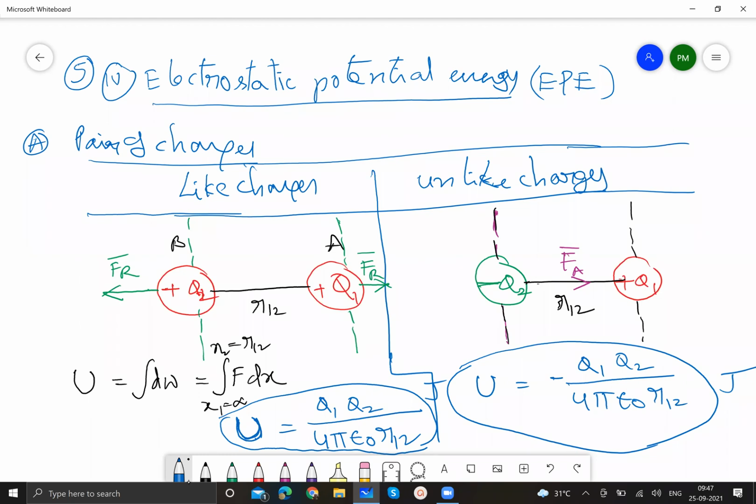So those three atoms are bound together because it possesses electrostatic potential energy. The carbon monoxide molecule also has electrostatic potential energy because there the carbon and oxygen atoms are always at a separation of 1.1 angstrom units.